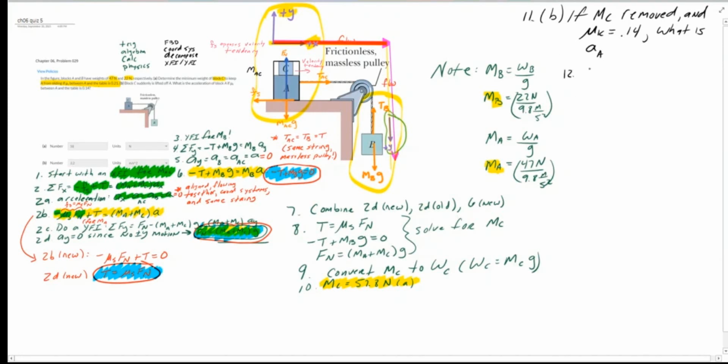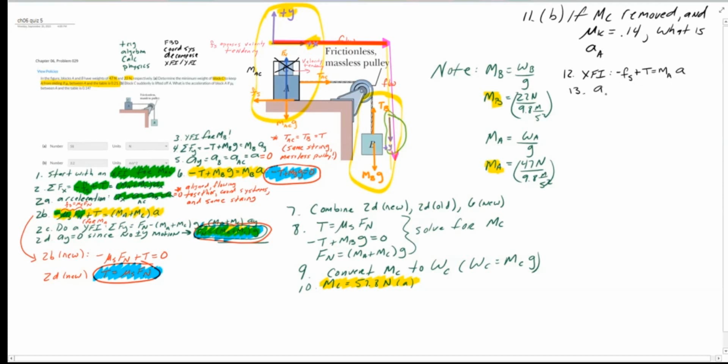So my new X-force inventory for block A, there is no X-force inventory for B, but if I look at block A, and again, I'm fast tracking this a bit, there's no more mass C. So I have minus Fs plus T equals mass of block A times A. A is not equal to 0.